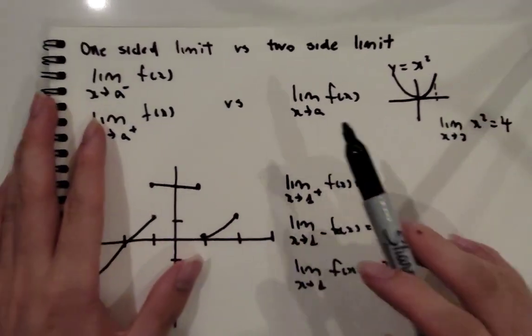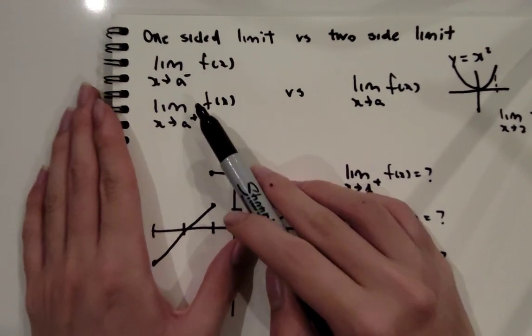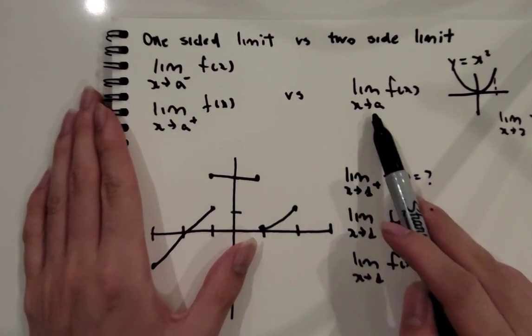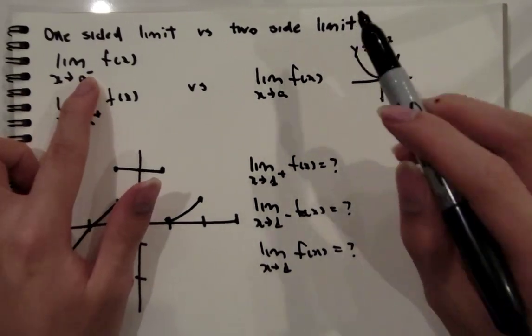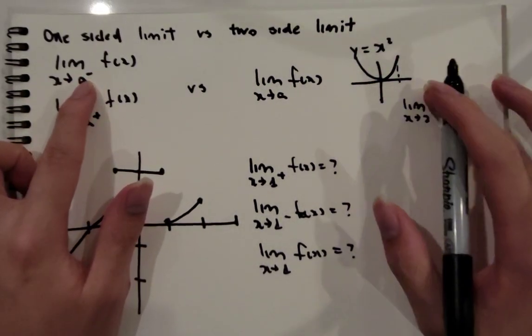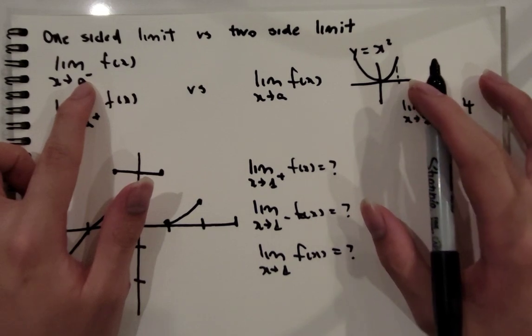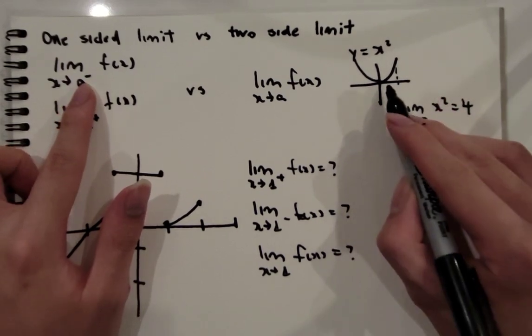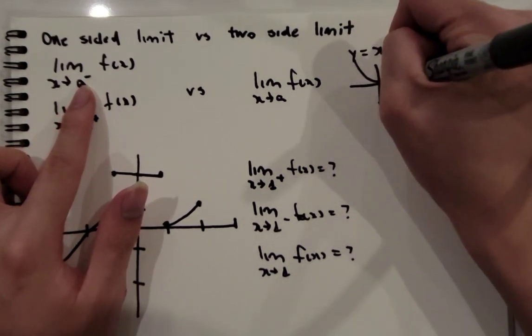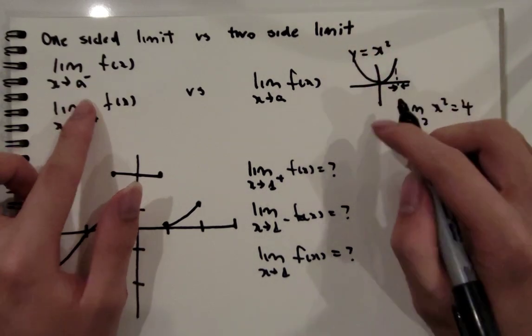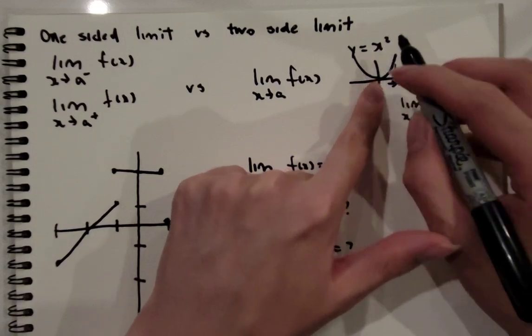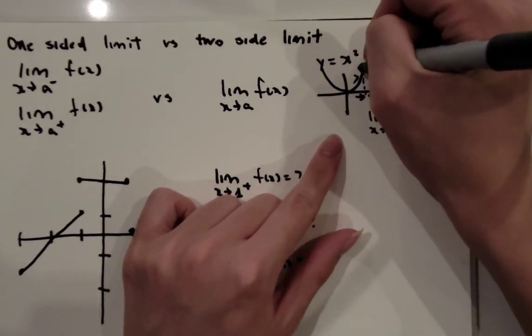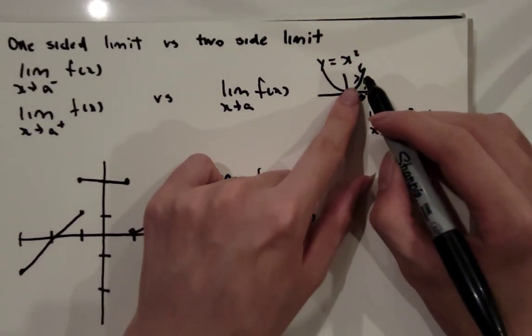So what does one-sided mean? What is this minus and this plus thing, and how is this different from this? In my first video, I talked about x approaching a particular x value, and at the same time approaching the y values from both sides.